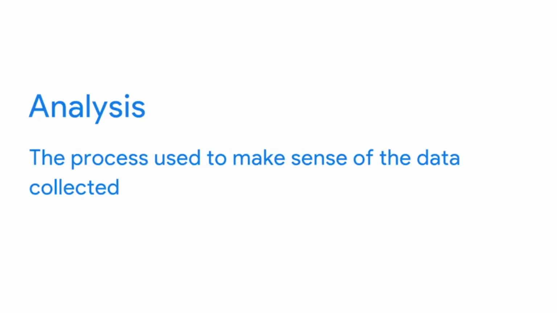So let's talk about analysis. We've learned how to ask the right questions, prepare data for exploration, and then process that data to make sure it's squeaky clean. Now it's time for the heart of the process, the actual analysis. Finally, right? But what is analysis? Basically, analysis is the process used to make sense of the data collected.